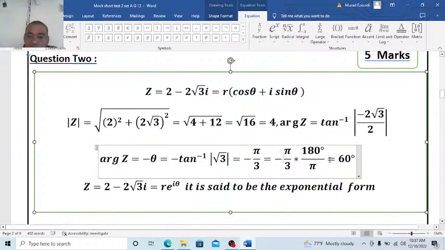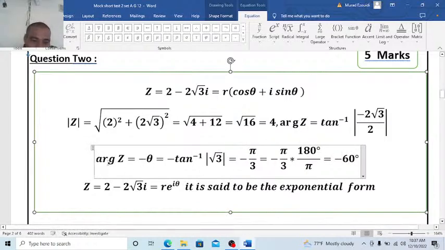So the correct answer here is minus. Now the argument is minus theta, therefore I can write my equation.